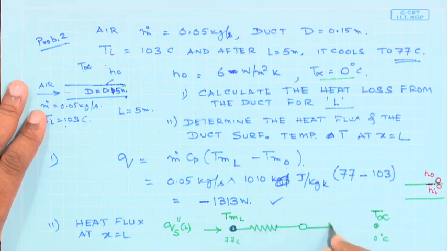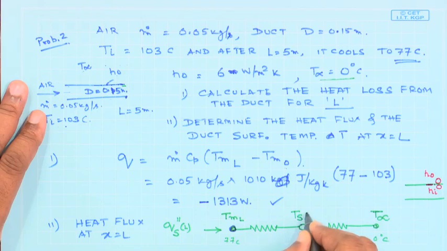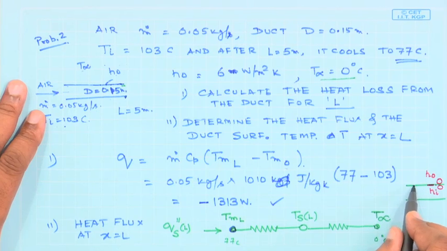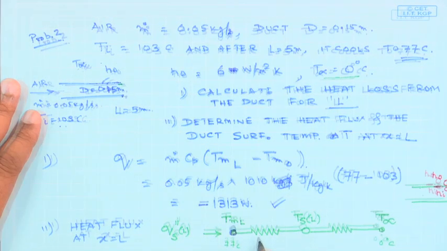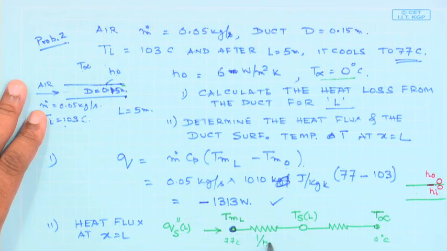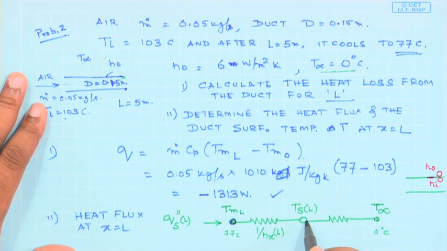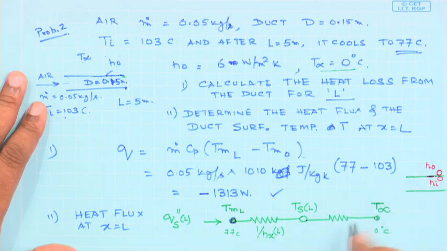what I would get is something like this. This is going to be the temperature of the surface of the duct at location L, and from inside to the wall, this resistance is going to be 1 by h x, which we understand is a function of L, and from the outside of the tube to the outside atmosphere, the resistance is simply going to be 1 by h o.